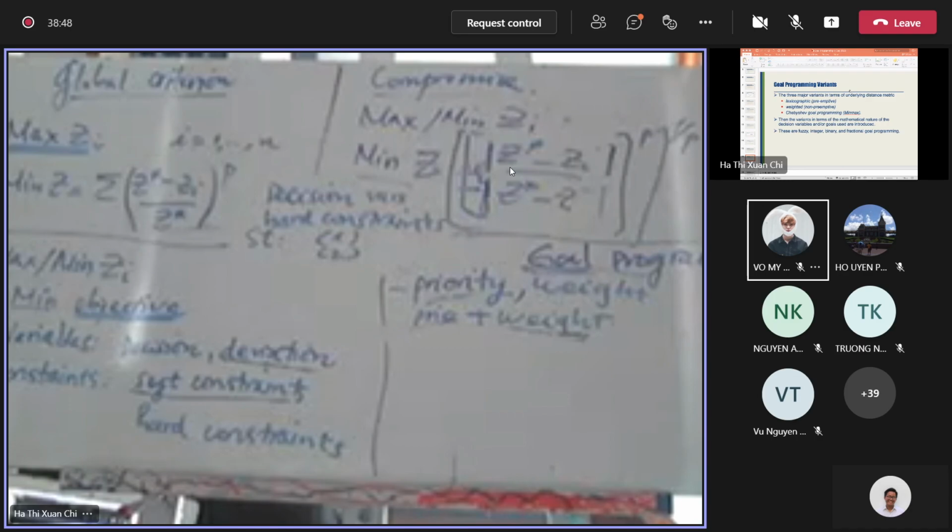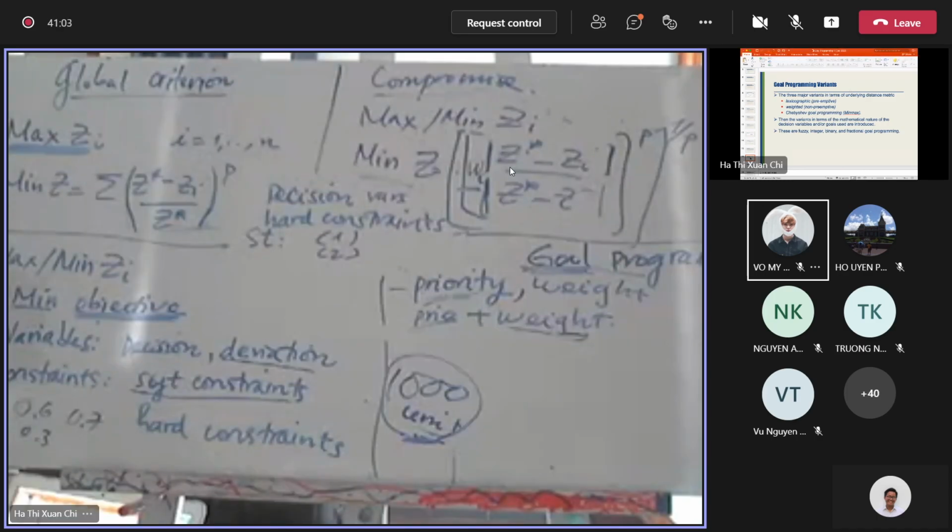So weight can also represent penalties. Okay, everyone?